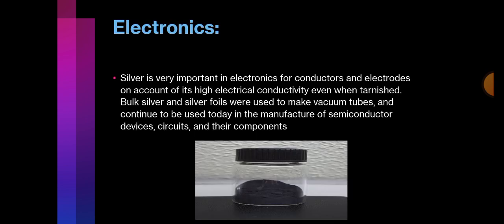Electronics. Silver is very important in electronics for conductors and electrodes on account of its high electrical conductivity, even when tarnished. Bulk silver and silver foils were used to make vacuum tubes and continue to be used today in the manufacture of semiconductor devices, circuits, and their components.